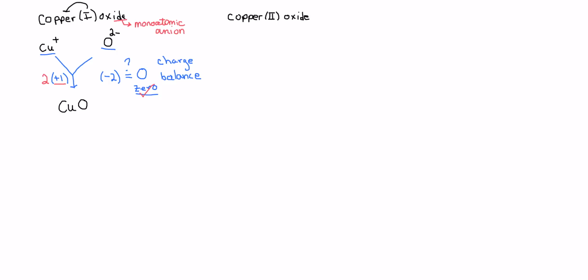Did I have any multipliers? And the answer is yes. So the multiplier comes down and I put it as a subscript on the item that it's about. So I now have copper Cu subscript 2 O.